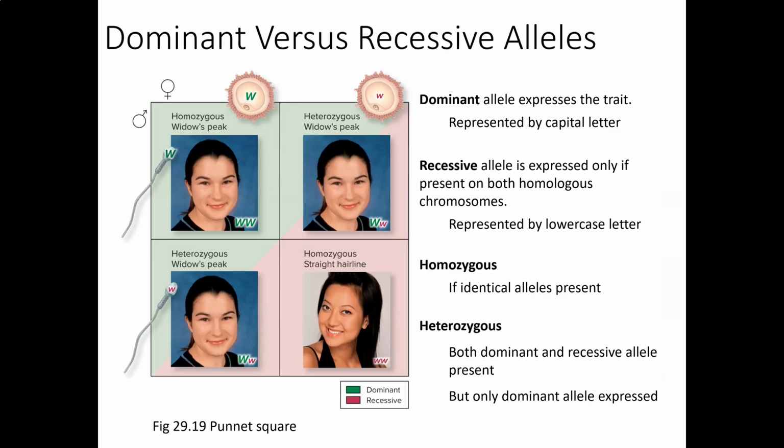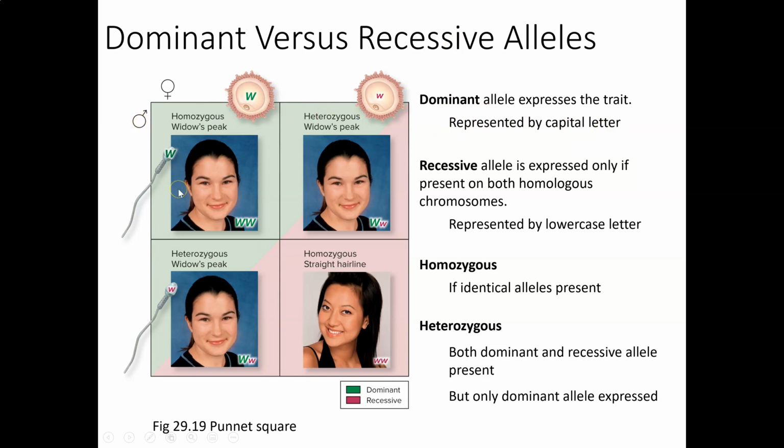Okay, let's look at an example. We are going to start with the most straightforward classification of alleles, dominant and recessive alleles. A dominant allele is usually represented by a capital letter.